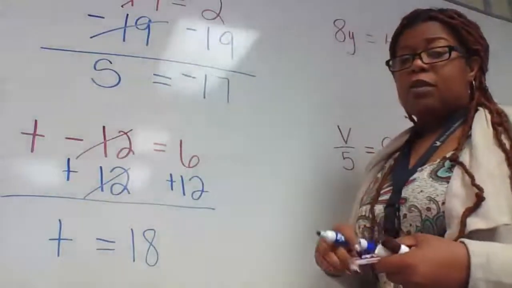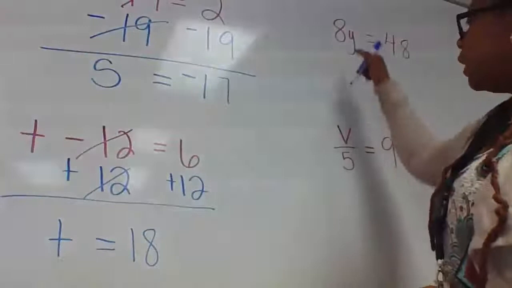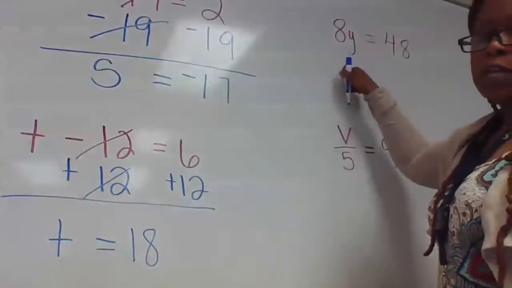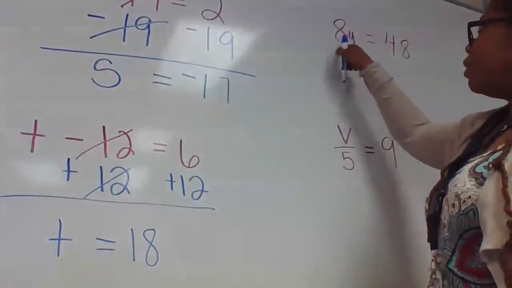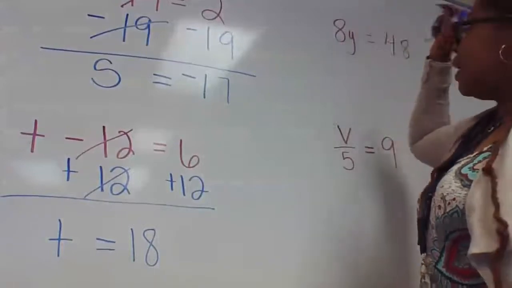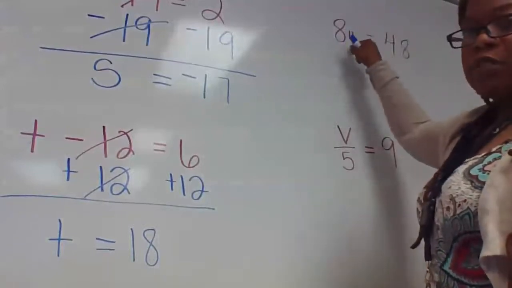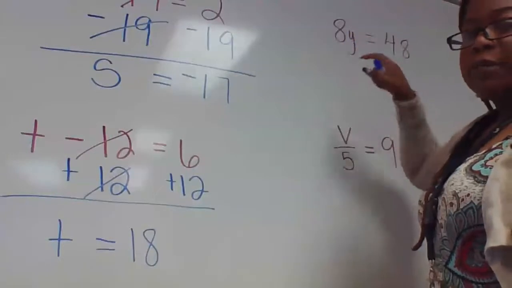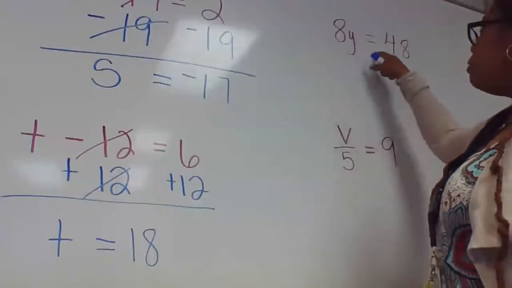Okay? The original operation in this problem is multiplication, because you have a number and a variable. What we are saying is 8 times y. This is the same as saying 8 times y equals 48.